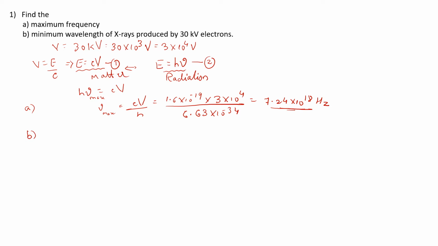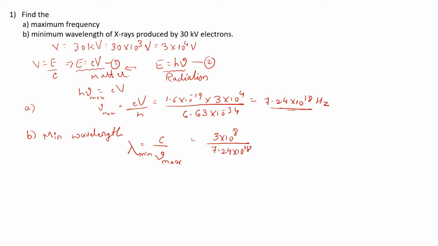Next we have to find the minimum wavelength. The relation between wavelength and frequency is wavelength is equal to c by nu. If nu is maximum, then lambda will be minimum, because both are inversely proportional to each other. c is the speed of light, 3 into 10 raised to 8 meter per second, and nu max is 7.24 into 10 raised to 18.